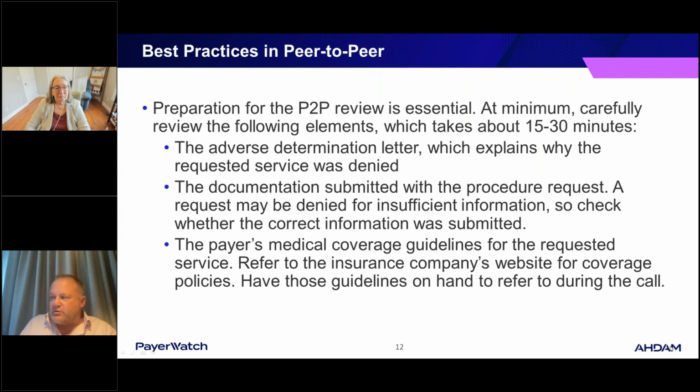You can always go out on Google and put in the payer name, the state, and the plan type, and the words payer manual, and 9 times out of 10 you'll find it. And in that you'll find language as to what constitutes medical necessity, that definition.